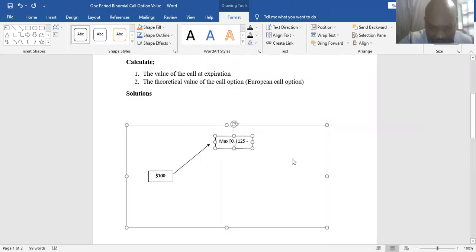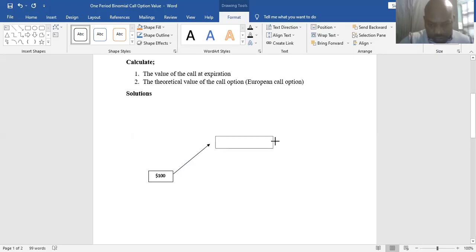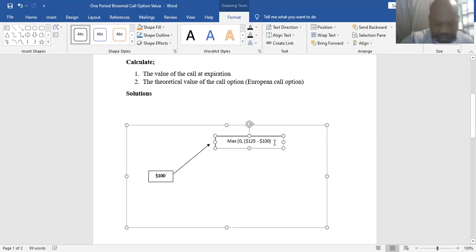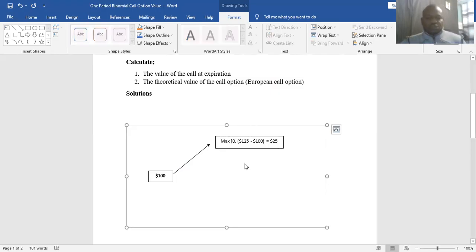I'll indicate that here just in case. And then the answer here will be 25. So now we have the 25 there. Between 0 and 25, which one is the maximum? It's 25, so we'll go for 25.